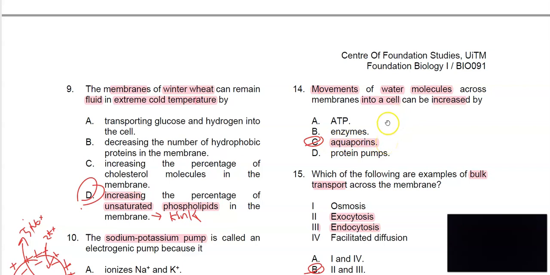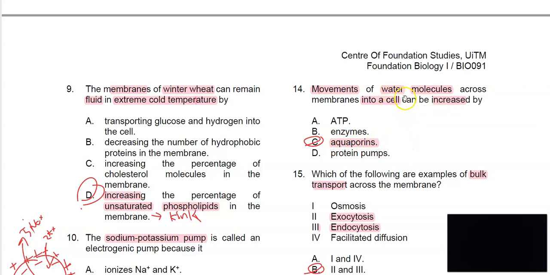The plasma membrane of the cell will allow water to diffuse through the phospholipid bilayer, but the rate of diffusion of water through the plasma membrane alone without aquaporins will be slow.